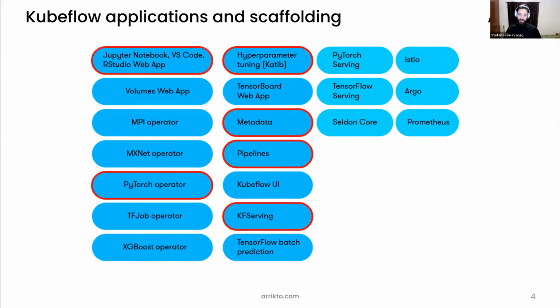And Kale tries to do exactly that. It tries to be the connecting tissue among all of the Kubeflow components, providing simple to use high-level APIs that allow you to construct and orchestrate workflows that span across all of these different components.